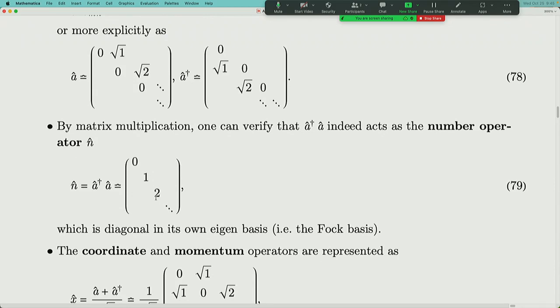Any Hermitian operator is diagonal in its own eigenbasis. And then the number operator acting on, for example, the 0 state. Remember, the 0 state corresponds to a one hot vector with a single 1 in the front. Then what happened is that it multiplied this 0 to that eigenvector.